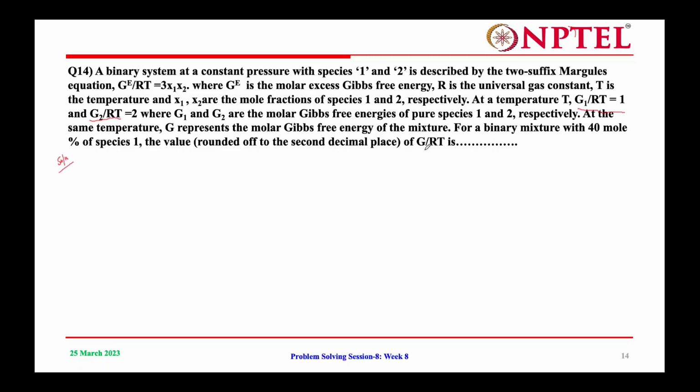Here we have to calculate G by RT. The excess property is mentioned. So the excess property is the difference between G actual and G ideal solution.